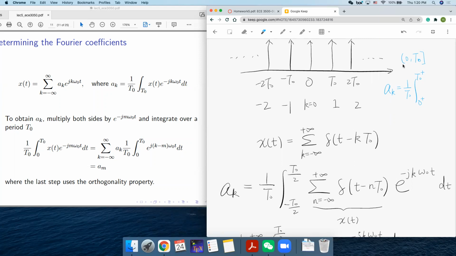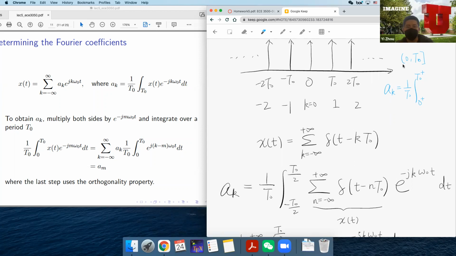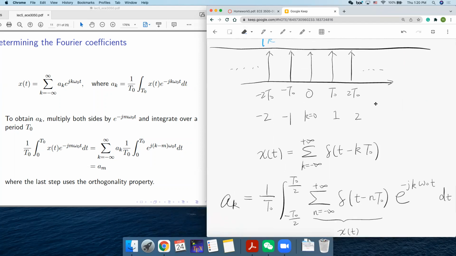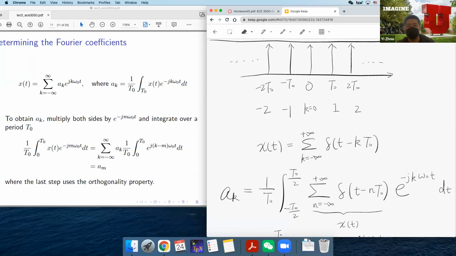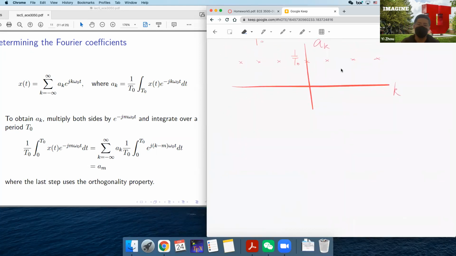In that case, would it be a 2 over T naught? I mean, the final result, we can check that. If we do 0 to T naught, let's say, let me exclude 0.